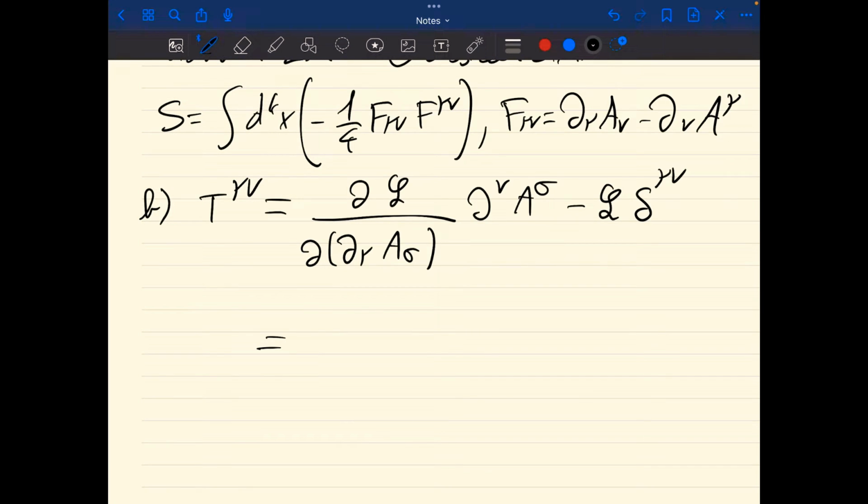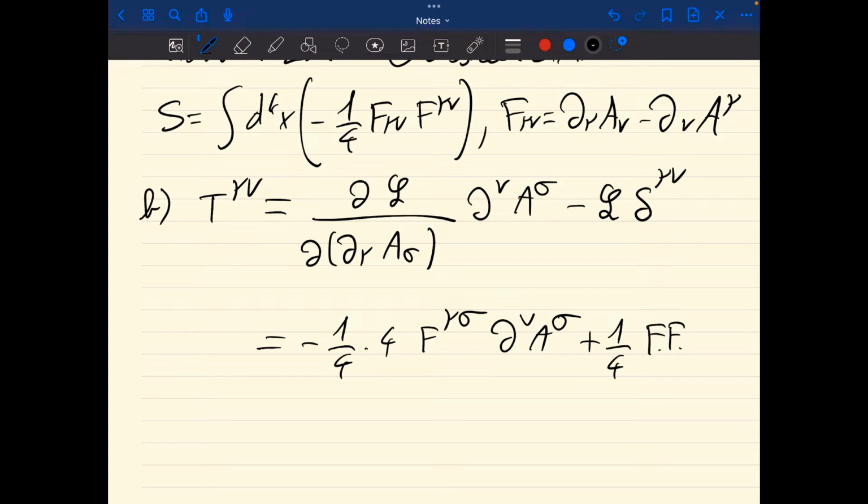So we know that this actually gives us 4 F mu sigma, but we have this minus 1/4 factor we should not forget. So here we go, mu sigma, sigma, and the Lagrangian, then that makes F. I will write that like that, and yeah.